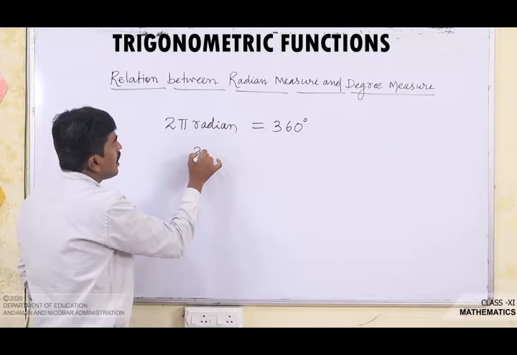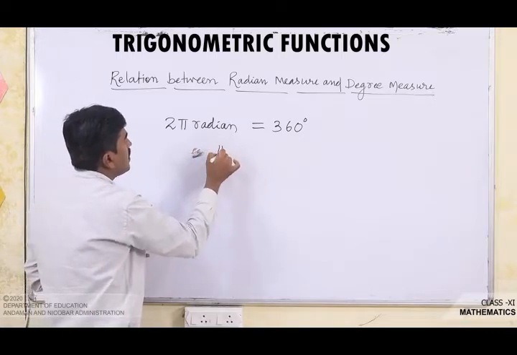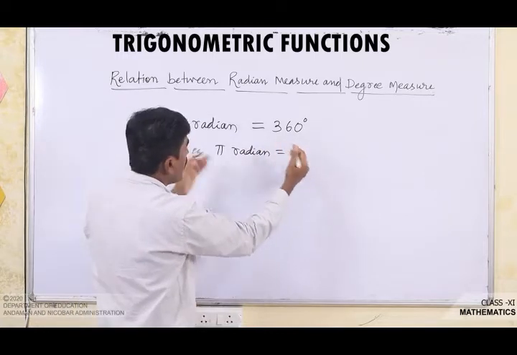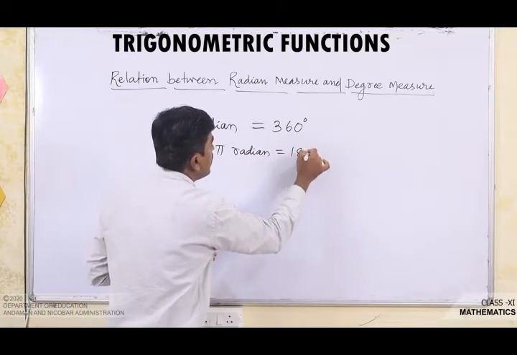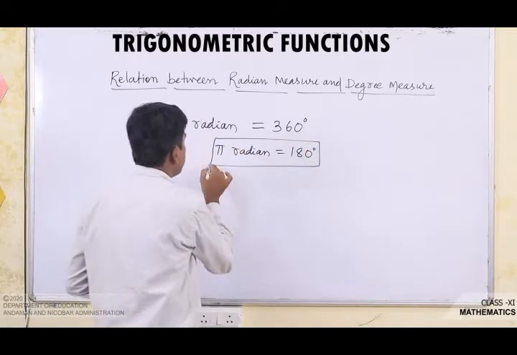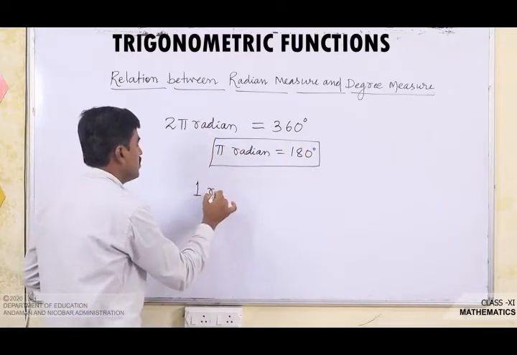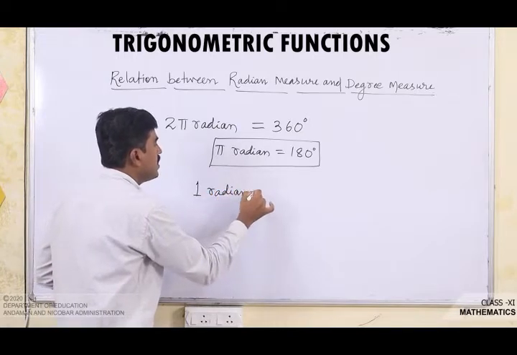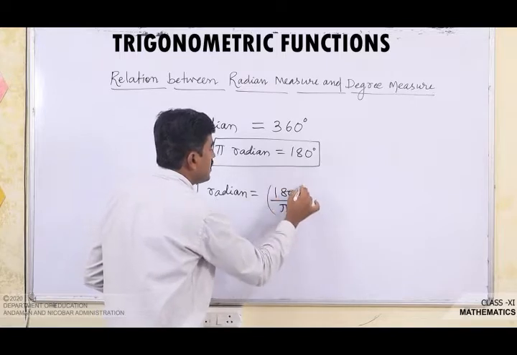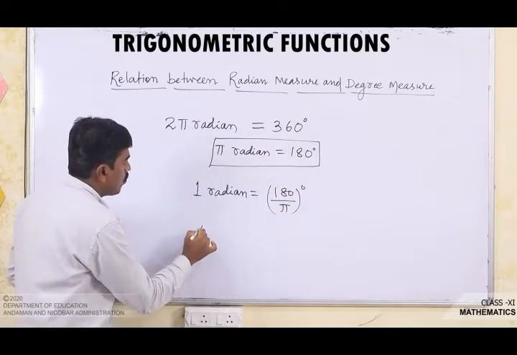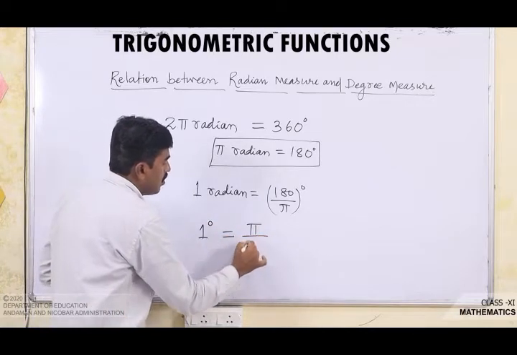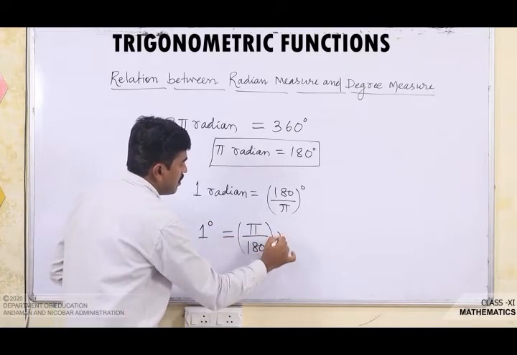Now we can write pi radian is equal to 360 upon 2, that is 180 degrees. So pi radian is equal to 180 degrees. Now what about 1 radian? 1 radian is equal to 180 divided by pi degrees. And 1 degree is equal to pi by 180 radian.